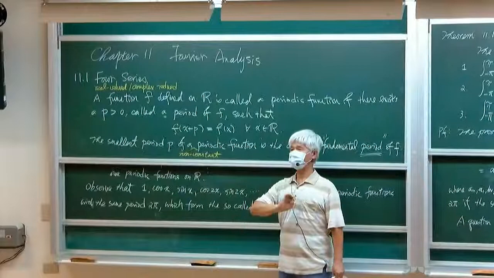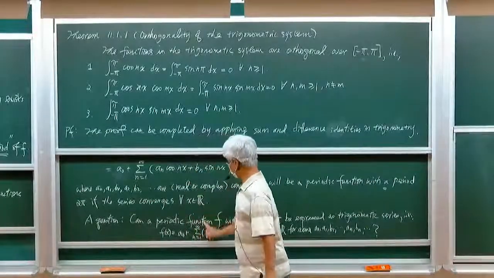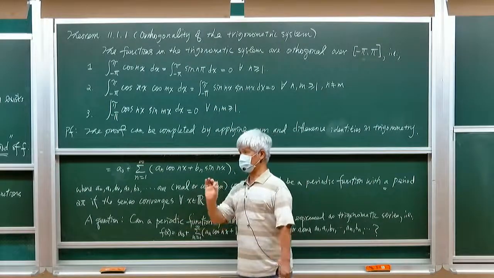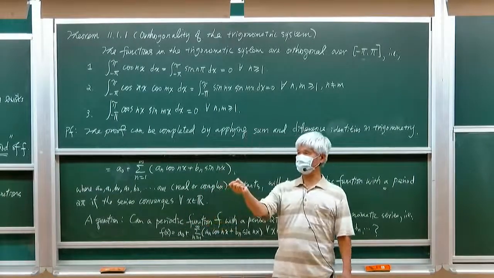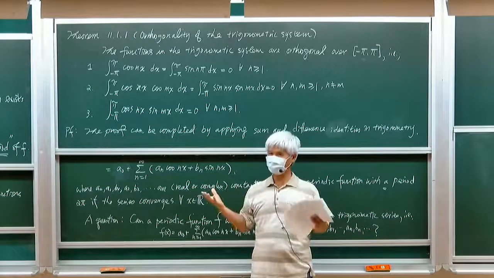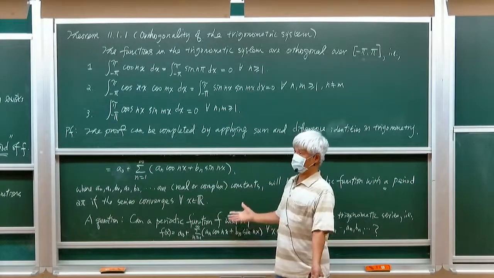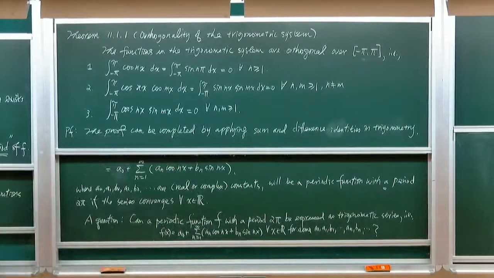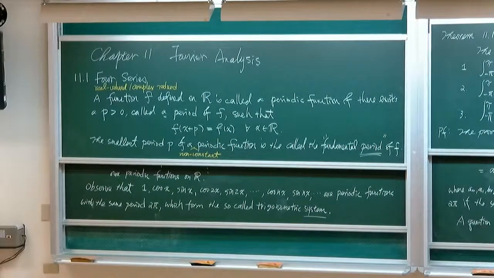For example, if f of x is cosine x, then it's very easy: A0 is 0, A1 is 1, B1 is 0, and all a sub n are zeros when n is greater than or equal to 2. So this is a simple answer for all these functions in the trigonometric systems.